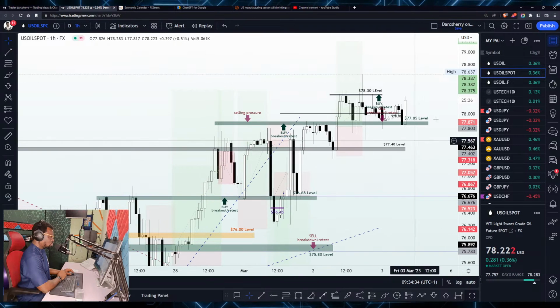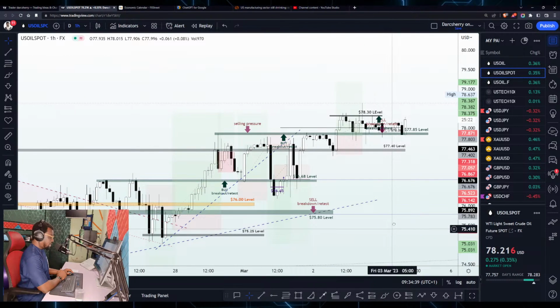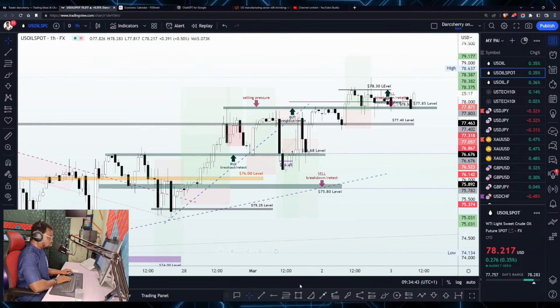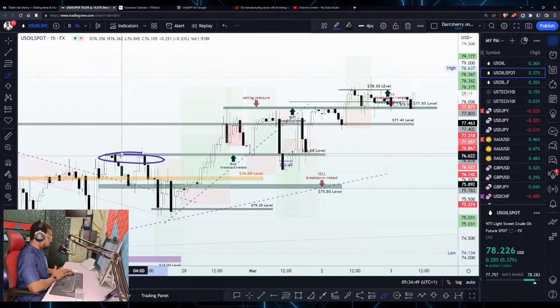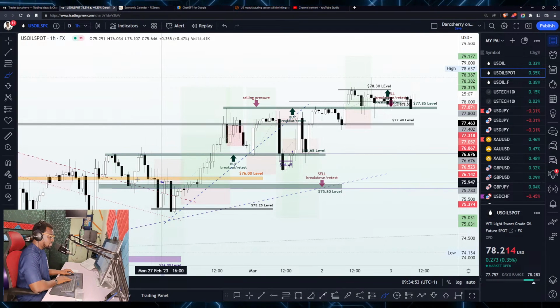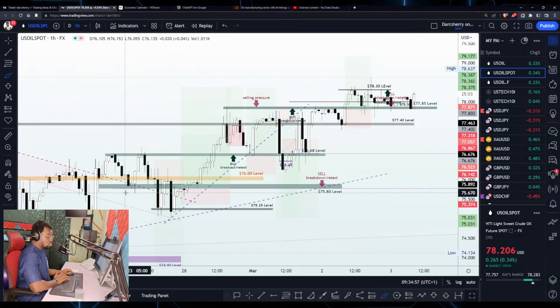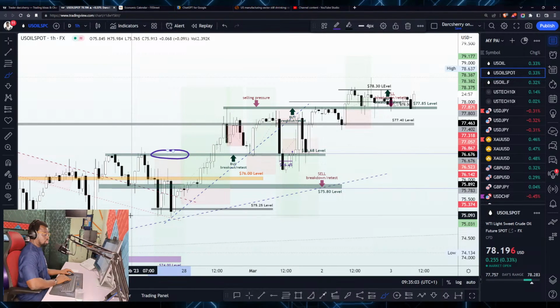We have been buying the US oil since the beginning of the week, after identifying a channel between the $76.68 level, the resistance point of the channel initially, and the support level of the channel at the $75.80 area. So we were looking forward to either a breakout or breakdown of that channel to give us a trading opportunity.